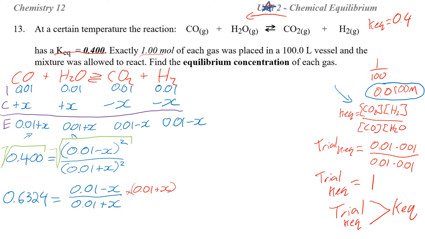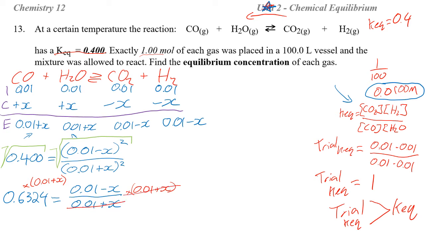Okay, and this side, I don't know how to write it. I'm kind of running out of room here. Times by the same thing, 0.01 plus x. Okay, and this will cancel out with this whole side.